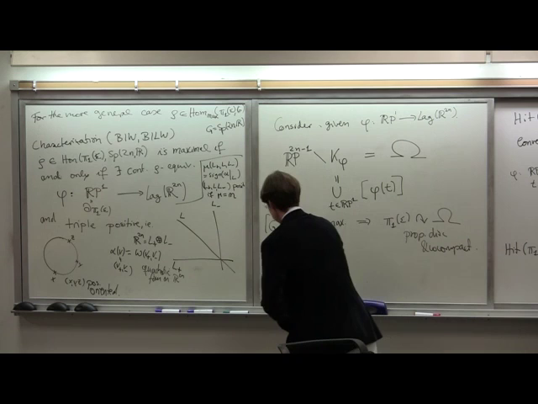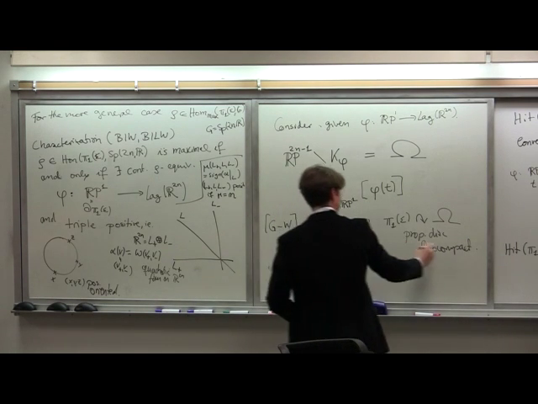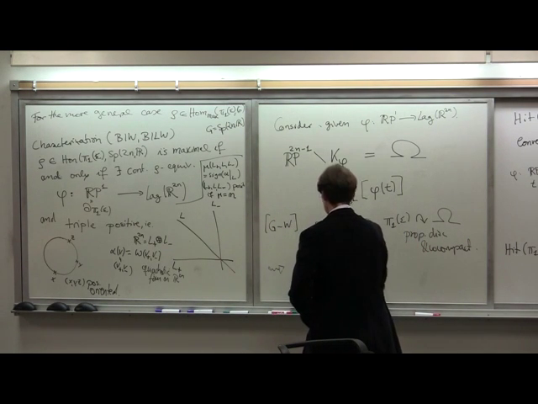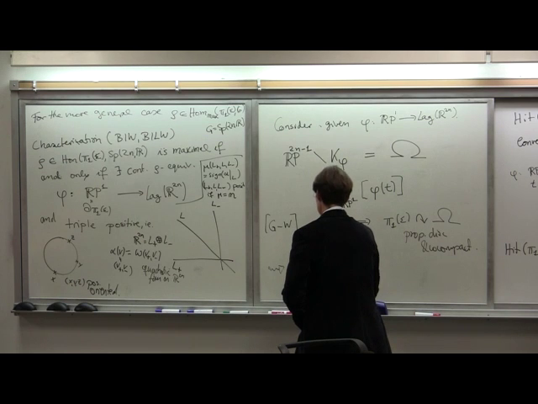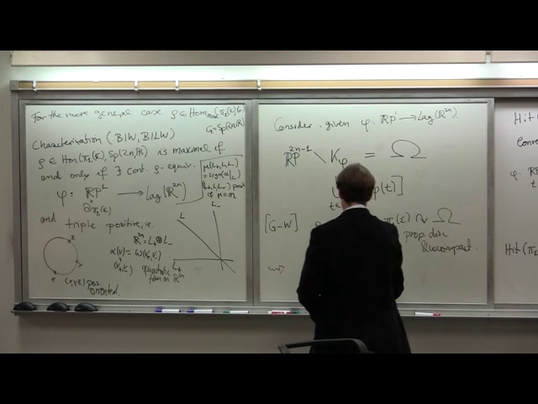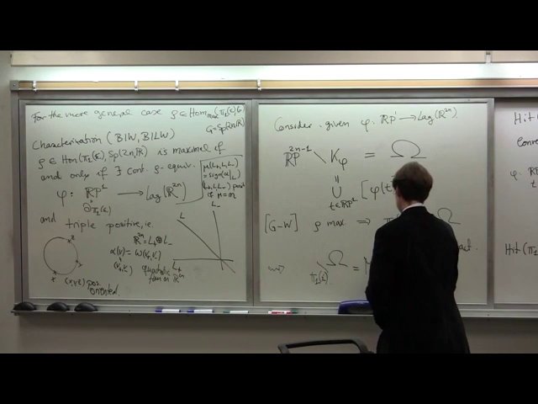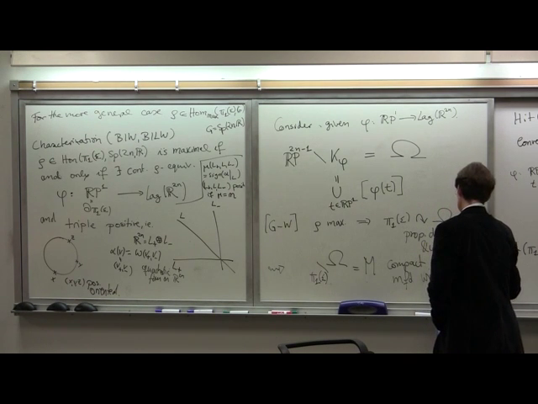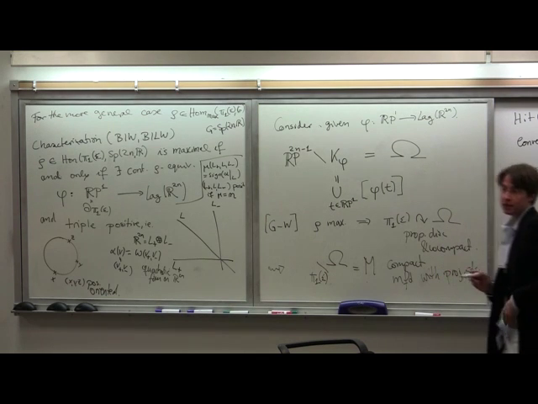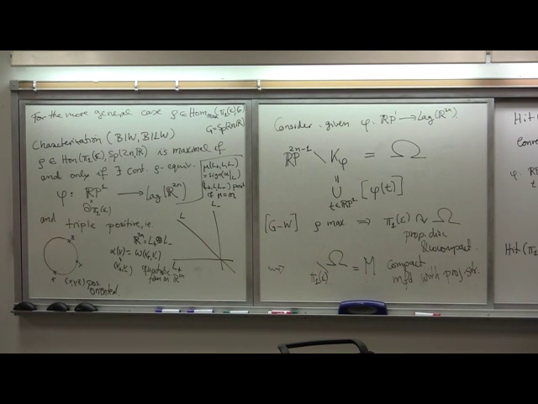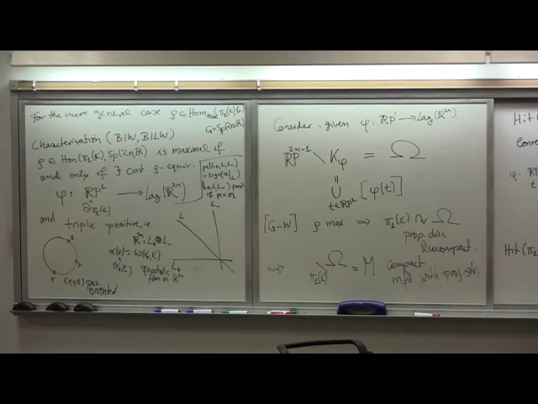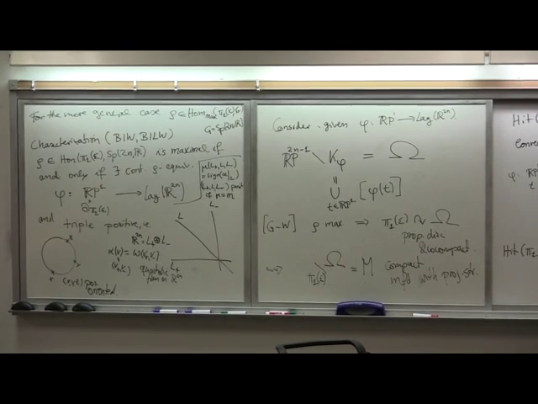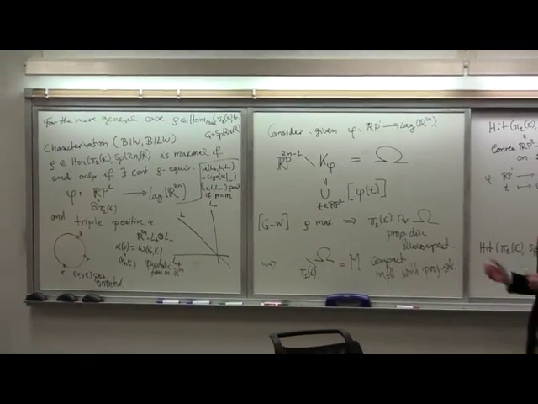So what do we get? It's co-compact, so if I look at the quotient, I have a compact manifold M with a projective structure. So every maximal representation is somehow the holonomy of some projective structure on a compact manifold.